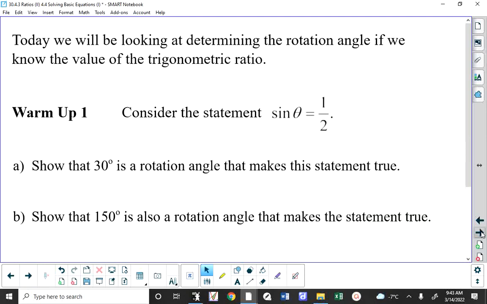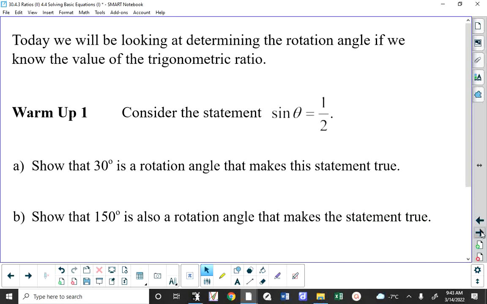So we're going to be determining the rotation angle if you know the value of the trigonometric ratio. This is kind of like where we had secant of p equals 2. Remember we did that question? I found the angle on my calculator. We didn't have to do it that way, but I wanted to show it to you.